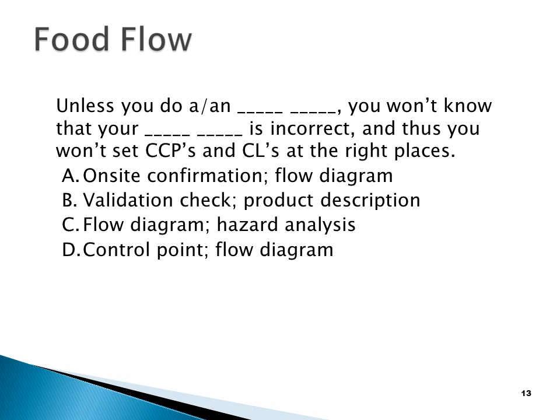The options were validation check or product description, flow diagram hazard analysis, control point, and flow diagram. So that would be A. Unless you do an on-site confirmation, you won't know that your flow diagram is incorrect, and thus you won't set your critical control points and critical limits at the right places.